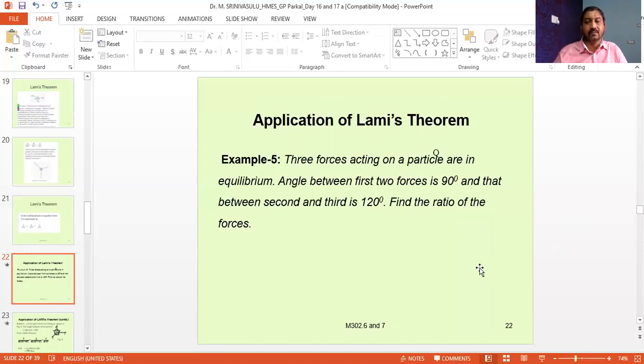So take down this problem. Three forces acting on a particle are in equilibrium.